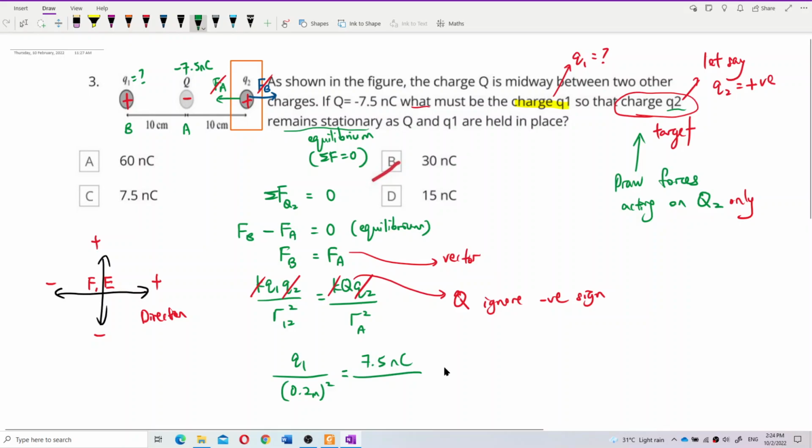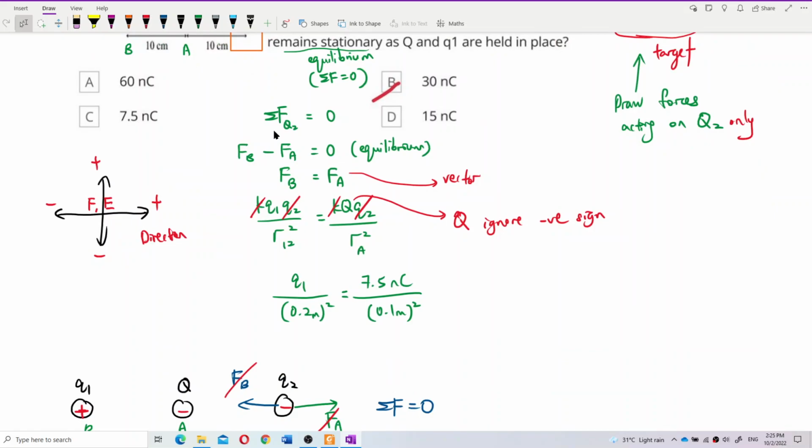And then this RA is 10 cm. RA means from Q to Q2, which is only 10 cm. 10 cm divided by 100 is 0.1 meter. Now I can find my Q1. So what's my Q1?